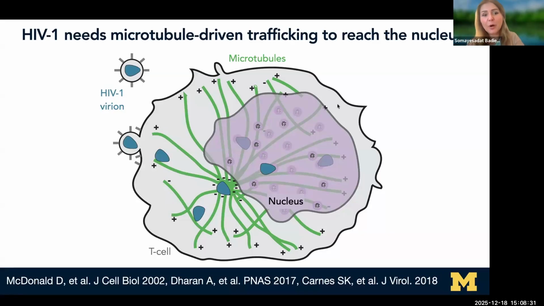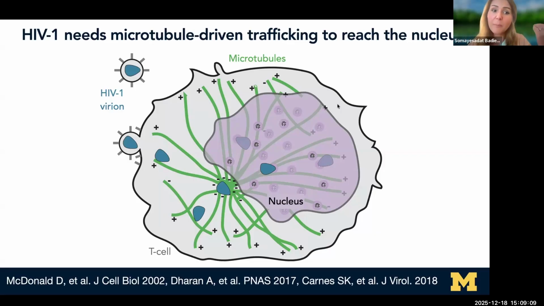But first, let's talk a little bit about the life cycle of HIV-1. HIV-1 replication starts with the fusion of its envelope to the membrane of the host cell, where the whole core, that means the HIV capsid plus all the other components of HIV-1, including reverse transcriptase and the other components needed for further replication, as a whole will be released into the cytoplasm.